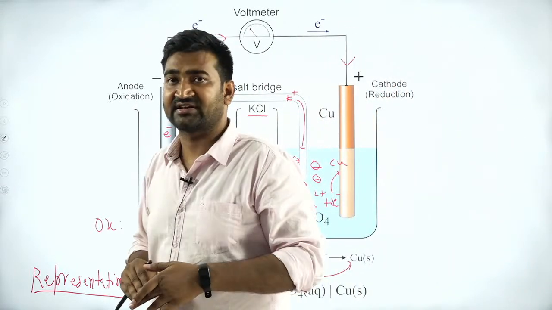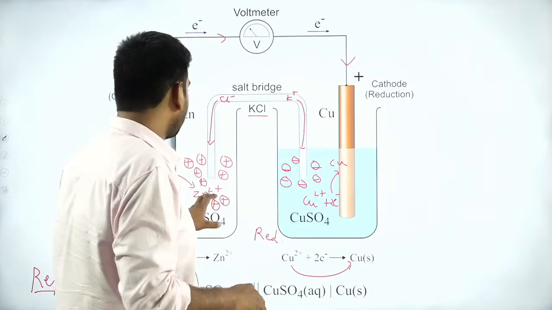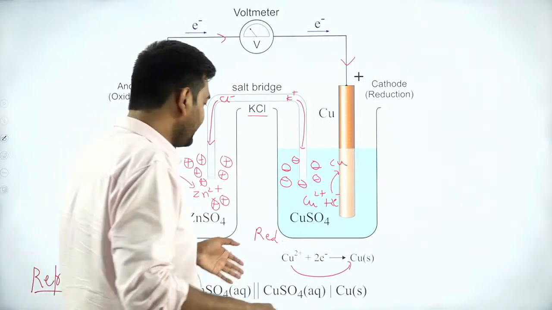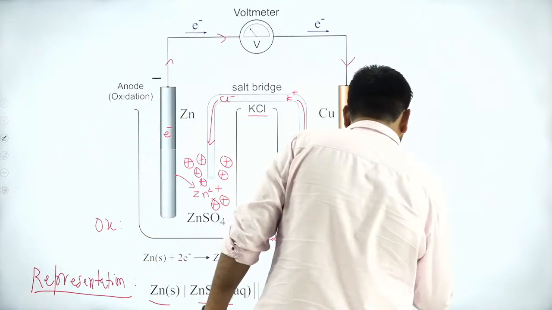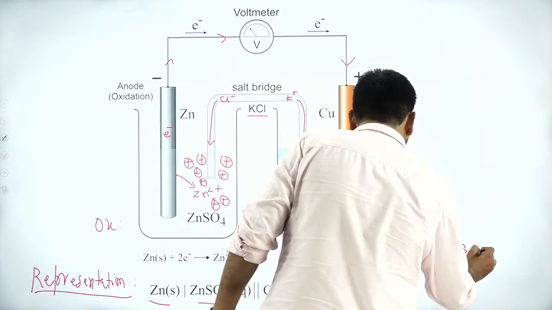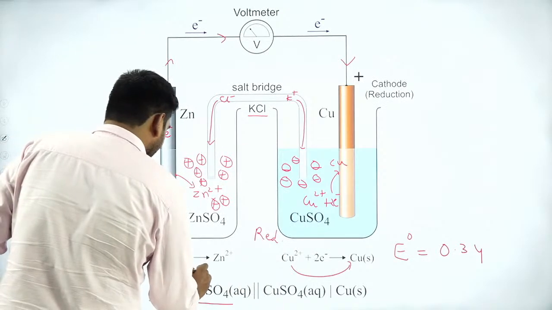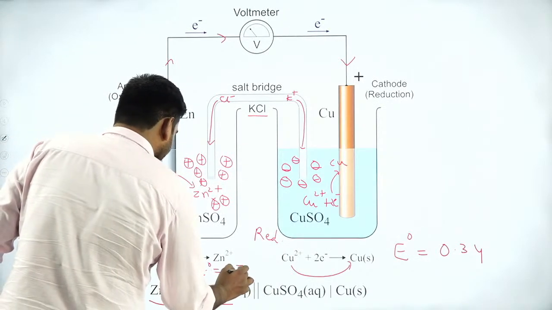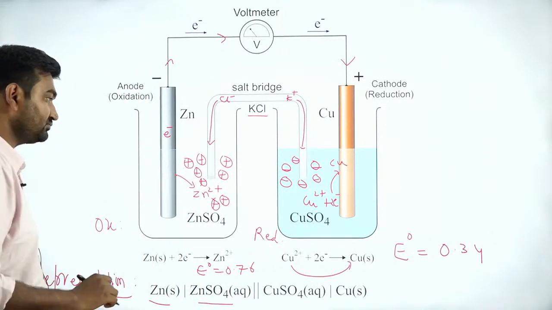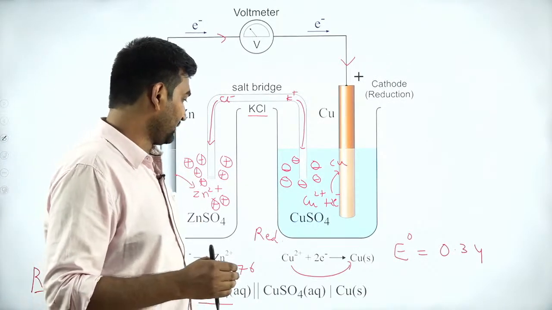Now we will also understand how to calculate the EMF of the cell. Like if I tell you the exact values, the E naught of this is 0.34, and for this E naught is 0.76.